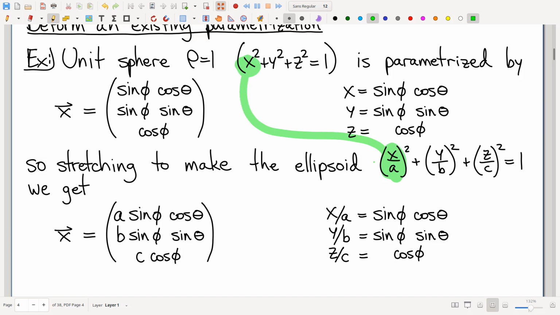And that accomplishes the stretch by a factor of A. Well, you can do that in the parameterization too, and you can see it right here. That x I could replace with x over A. This is the same parameterization of the sphere, just written out in coordinates from what I already had. Literally replace x with x over A. That stretches by a factor of A as well.